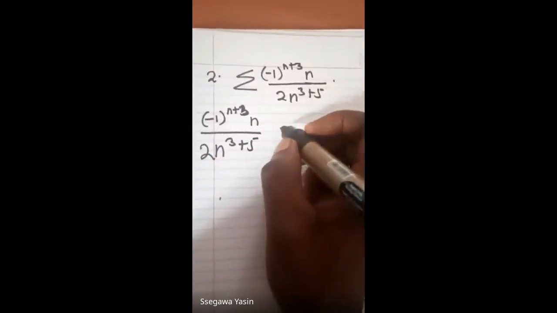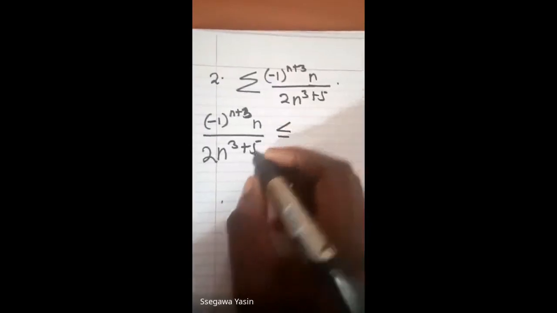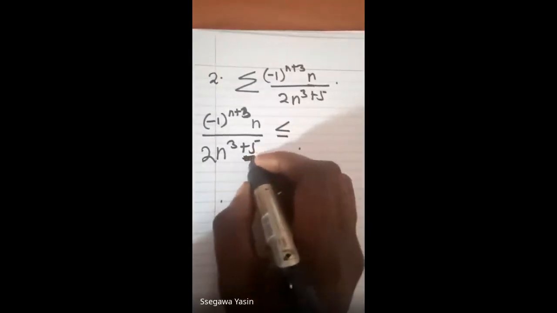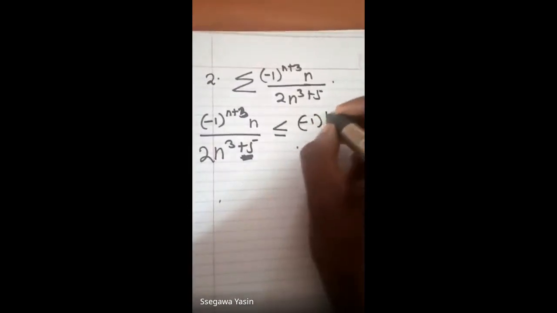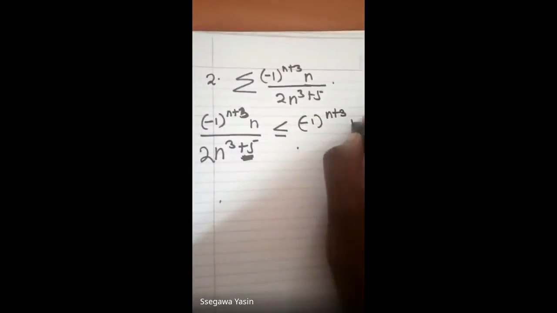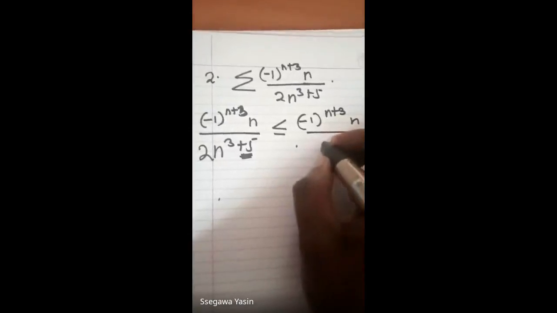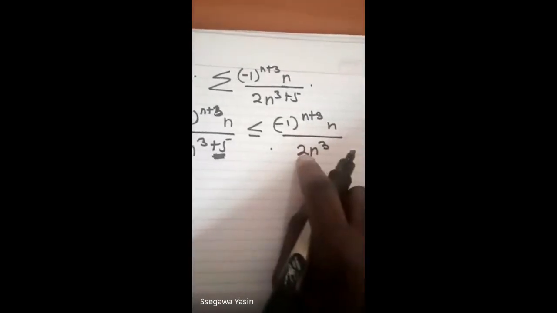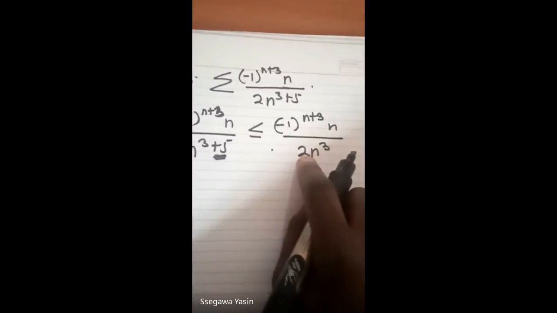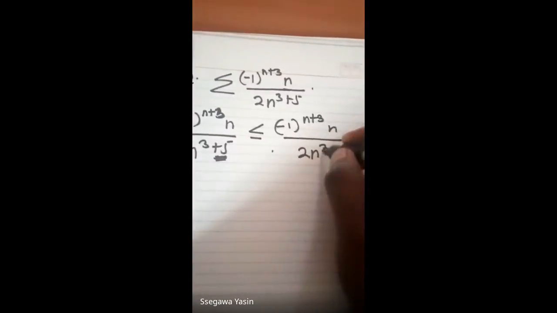So you see this term is less than or equal to, when I drop this 5, it implies that I'm making this one bigger, negative 1 to the n plus 3, n over 2n cubed. Now, this 2, I mind less about it, but I'm more interested in this.